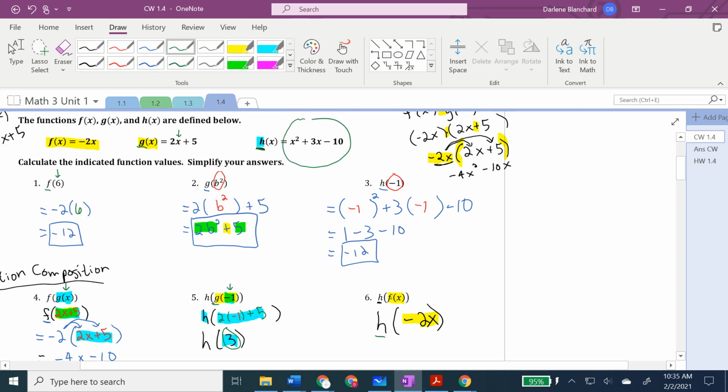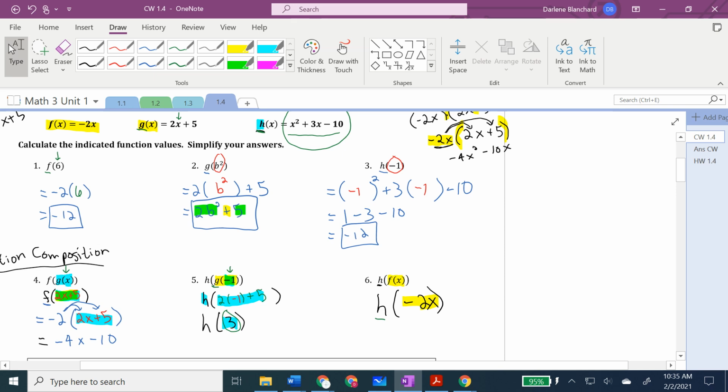And if I have something in parentheses after it, it's saying to plug it in or substitute it into the variable. So when I read h of x, I'm looking at it as h of parentheses is parentheses squared plus 3 times parentheses minus 10.